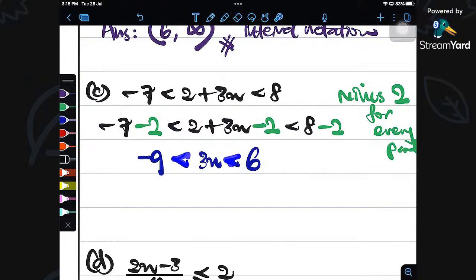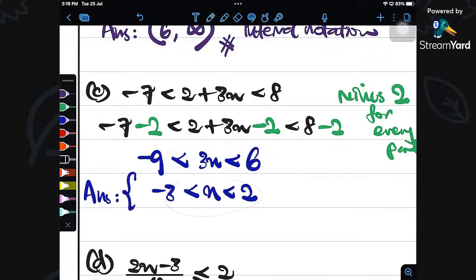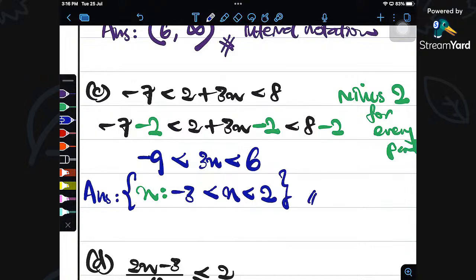So the symbol is still there, it doesn't change. The sign doesn't change. There is nothing that needs to be changed there. And so here goes 3x. We just want the value of x, which gives us -3 here, and 2 here. Therefore, the final answer is x such that -3 is less than x is less than 2, close curly bracket.